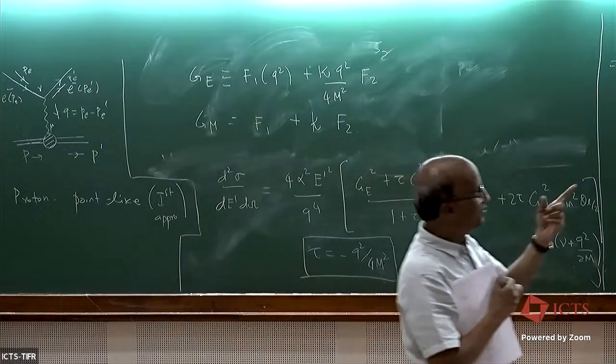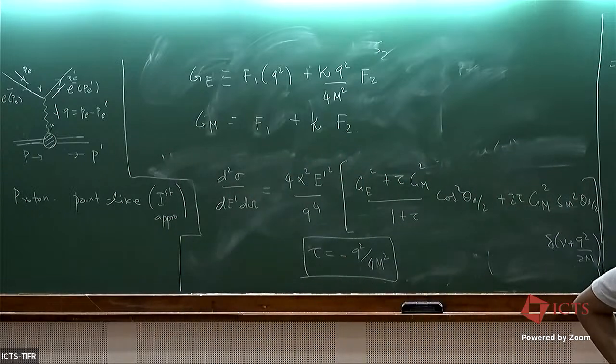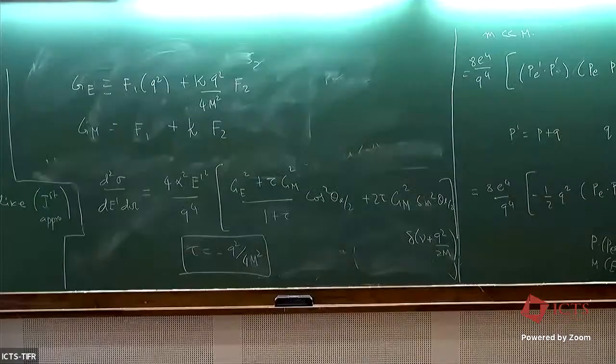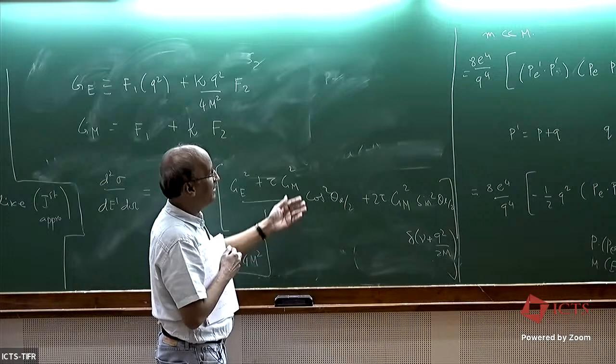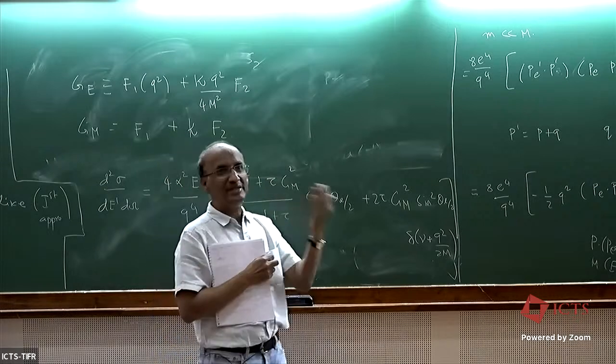I have a couple of slides that I wanted to show. We should take it very seriously that the proton is no longer point-like. It has got structure, and the structure can be understood by just using basic principles.